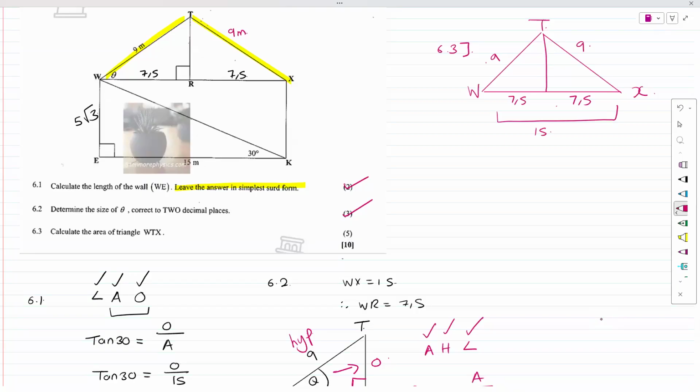Now, how do we calculate the area of a triangle? Use the formula. I think it's half breadth times height. Half base times height. Yeah, that's correct. Now we have the base, half of 15, times h, but we don't have the height. How do we calculate this height?